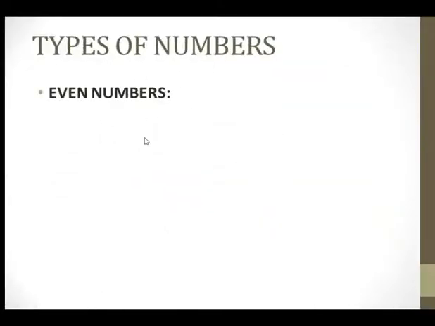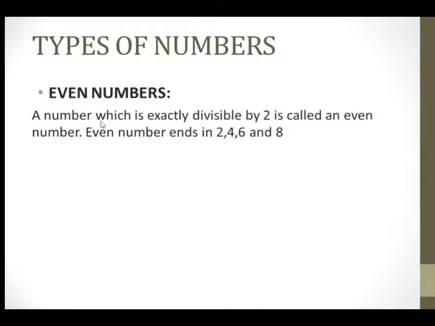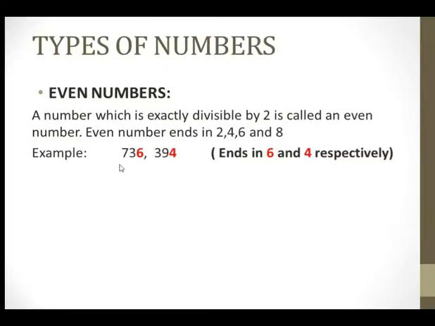Types of numbers. Even number. What do you mean by even number? A number exactly divisible by 2 is called an even number. For example, 2, 4, 6, 8 and so on. Example, 736, 394. So if the unit place of a number is 2, 4, 6, 8 or 0, then it is called an even number.